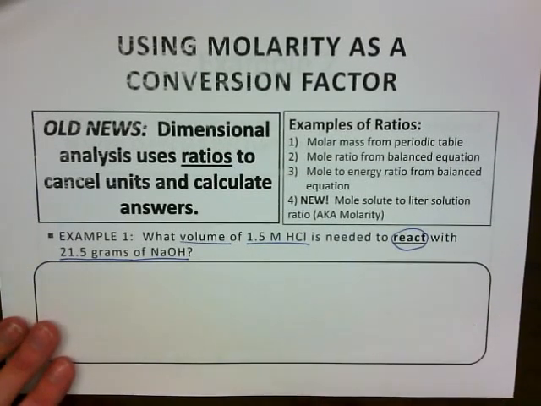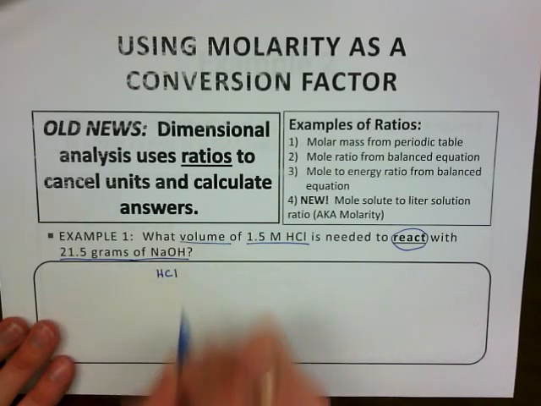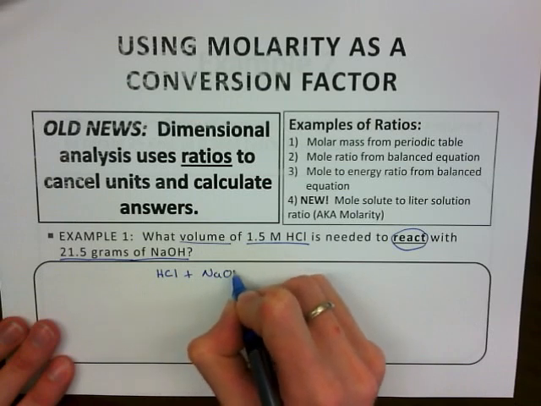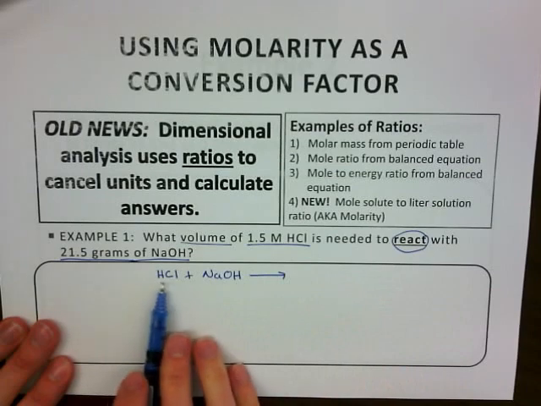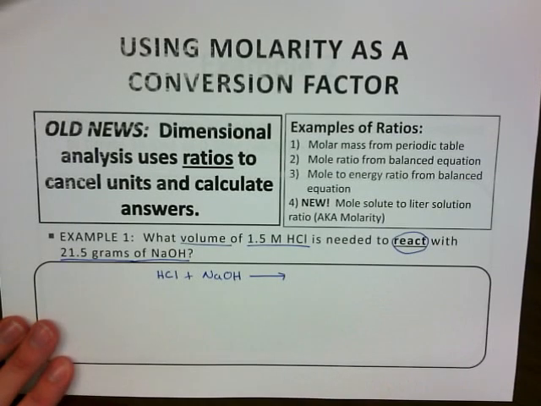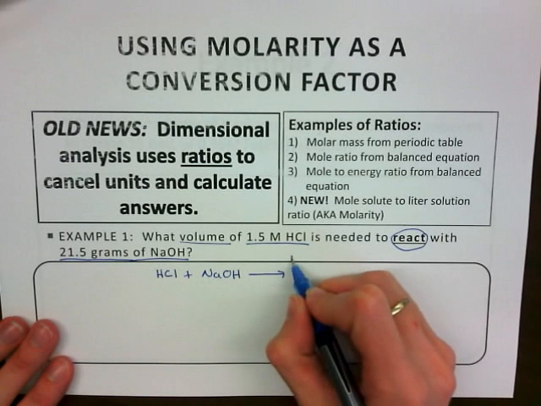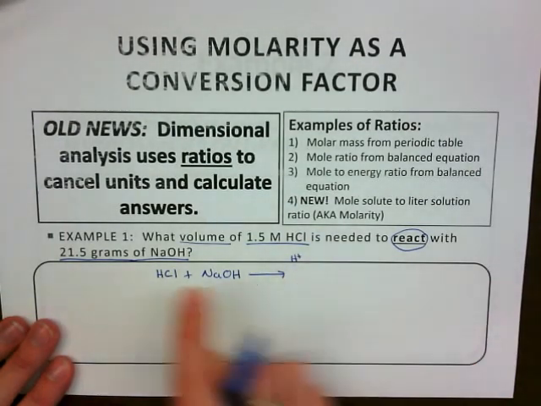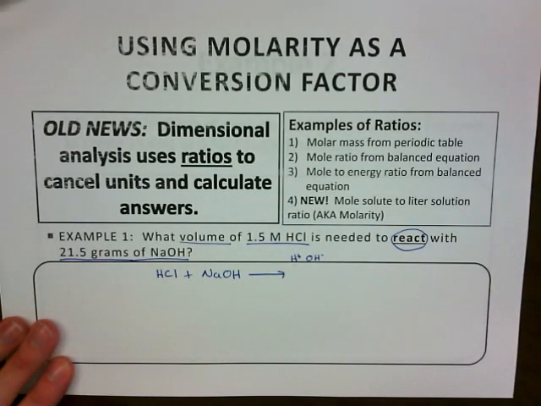So the very first thing I need to do is write my reaction equation. I have hydrochloric acid reacting with sodium hydroxide. Okay, this is an ionic compound and another ionic compound, so it'll be a double replacement reaction where I have hydrogen, which is plus 1, going to combine with hydroxide, which is minus 1.